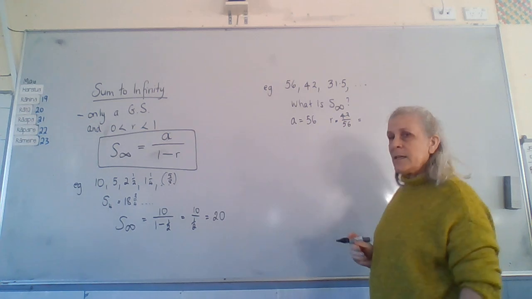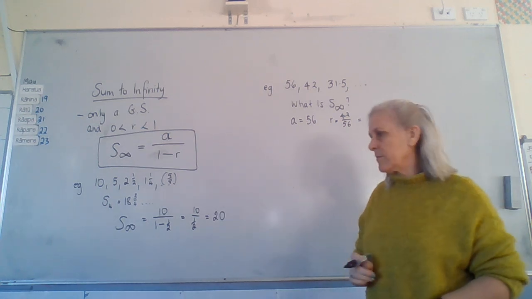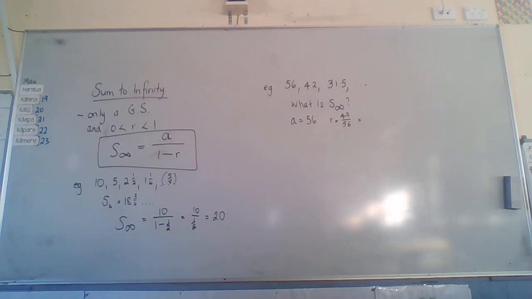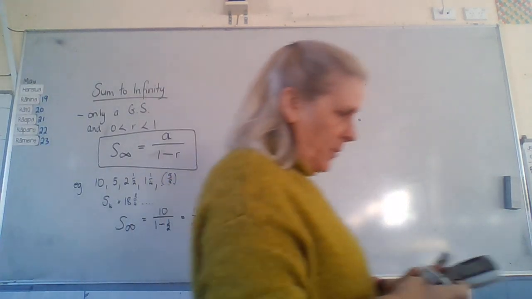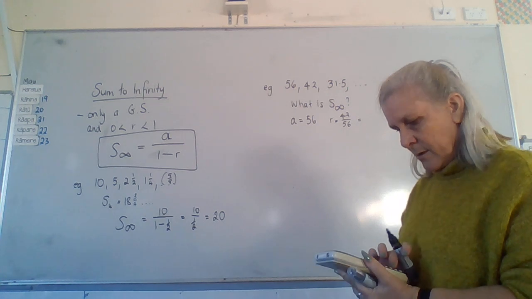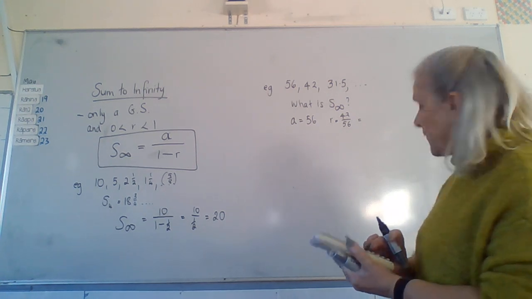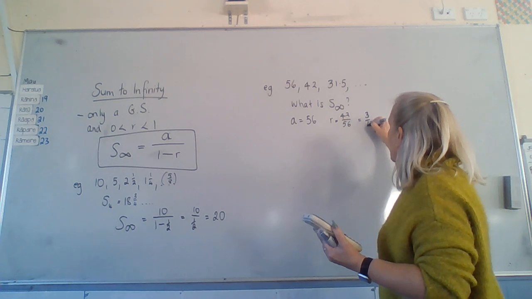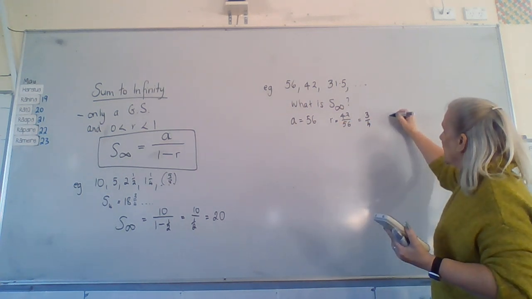Find out what that is on our calculator. So we put 42 over 56, which is 3/4. We test it with the next one as well.